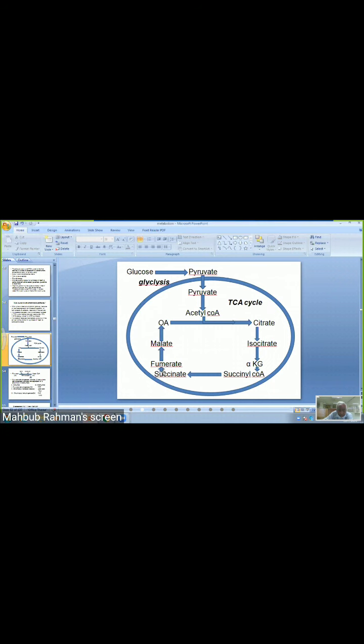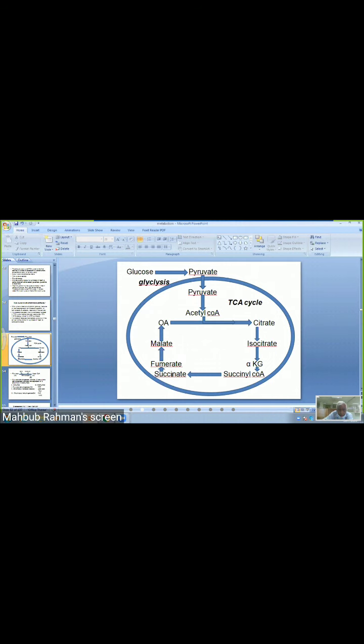Succinate is then converted to fumarate. And all of these, succinyl-CoA, succinate, fumarate, malate, oxaloacetate, are four-carbon compounds.